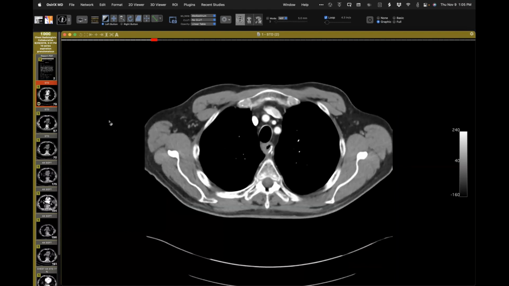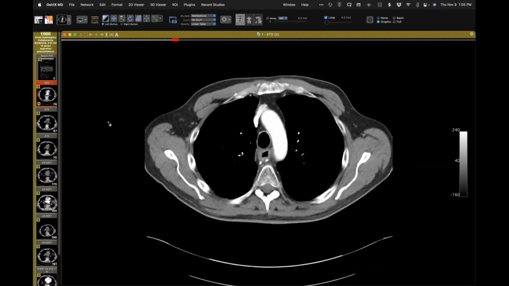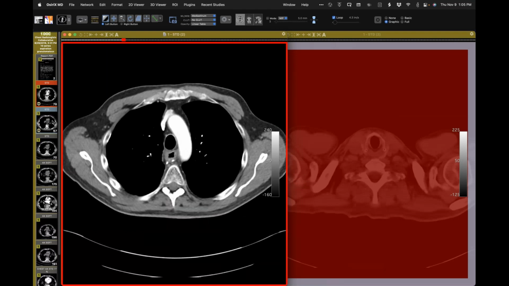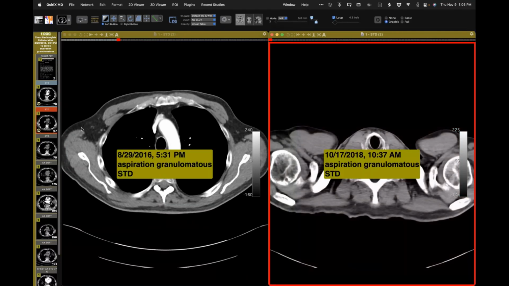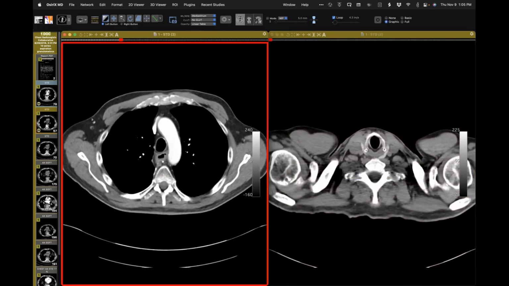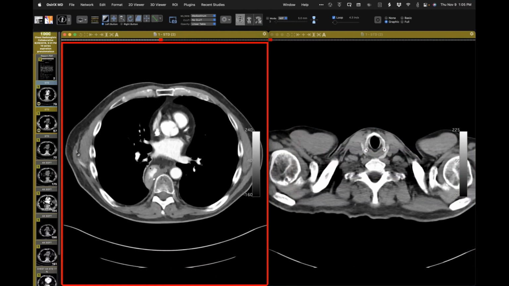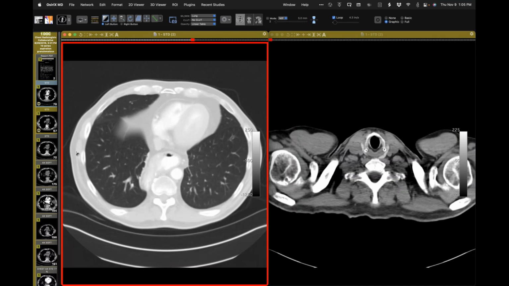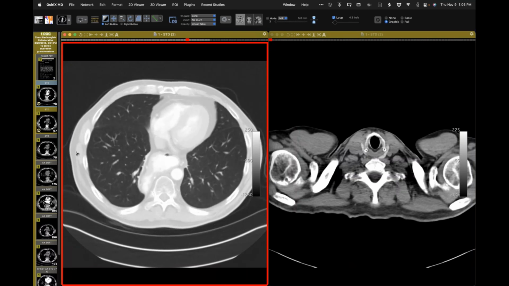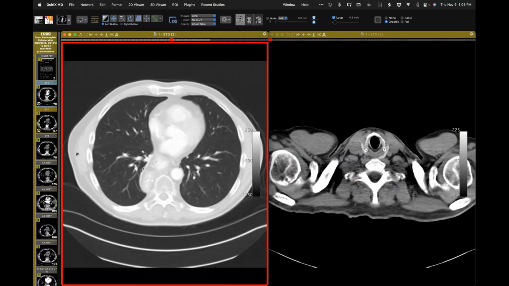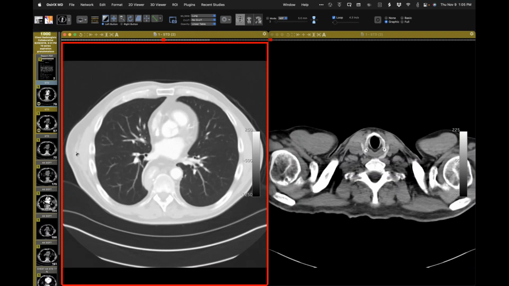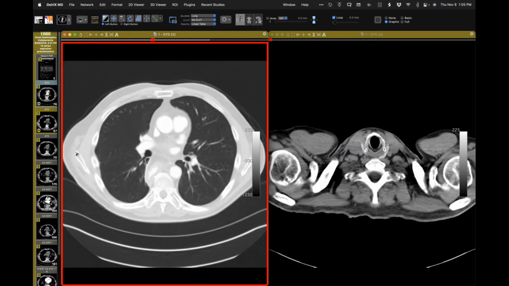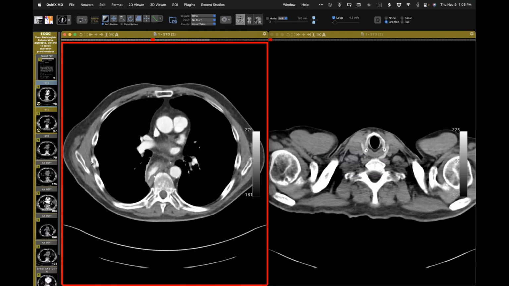Here are two images, timing 2 years apart, and here you will see that the lungs look fine back then. The history is that this patient had a partial esophagectomy with creation of a tubularized gastric conduit.